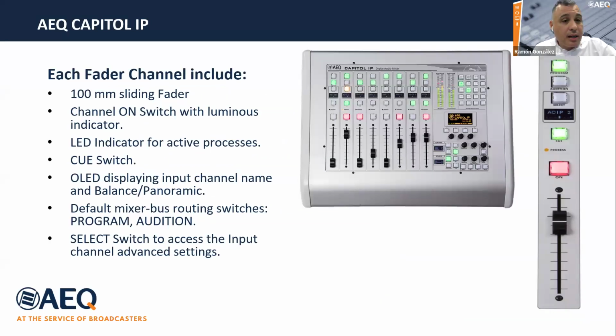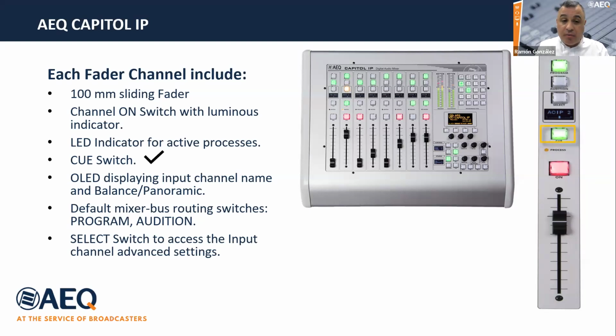So let's start to talk about the control surface. First of all, we have 100 millimeter faders. We have an on/off switch for the channel, and at the same time it's a light in order to show the current status, if you are on air or not. An LED light in order to indicate if any audio effect is applied or activated in the channel control. So you will see this light turning on if you have any effects activated.